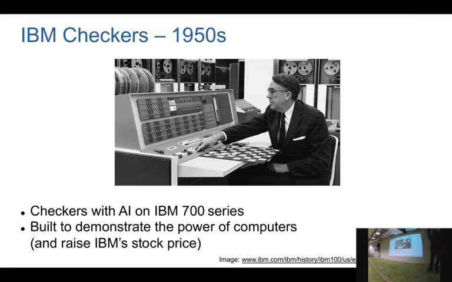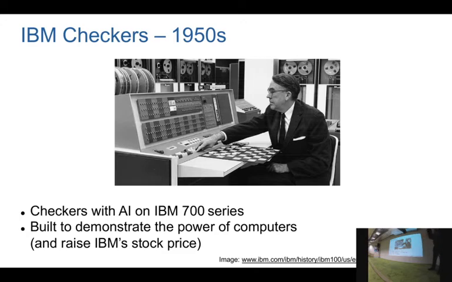So IBM, back in the 1950s, made an AI, as we would call it now, that played checkers. It was built to show that computers can also play games, and it was built also to play against a human and to beat the human. I don't think the human was probably the world's greatest checkers player, but it did beat a human.